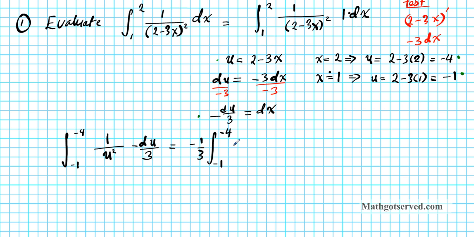So how about I write this as u to the -2 du. Take a look at this expression and this one, which one is easier to evaluate? You notice that this is much easier to evaluate because it's written in a form that's easy to apply the rules. So rewriting definitely makes the process of integration easy.